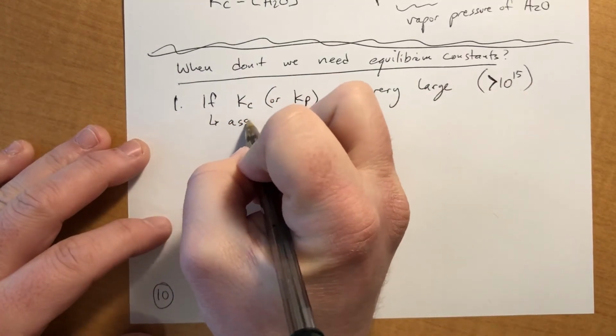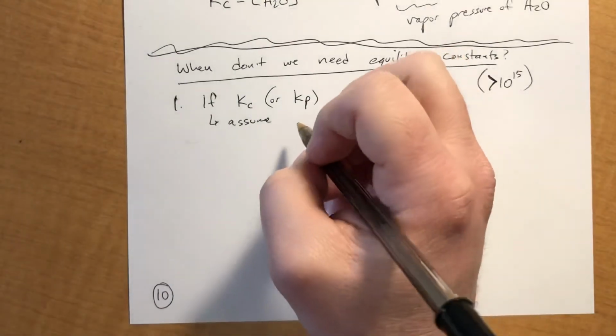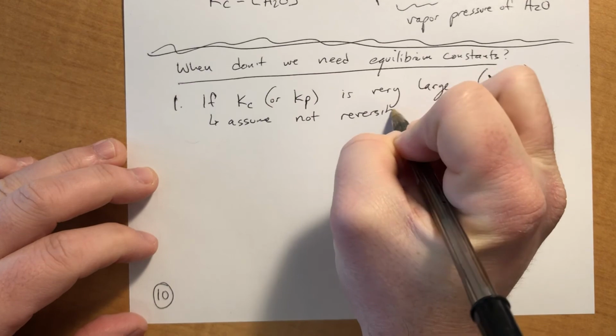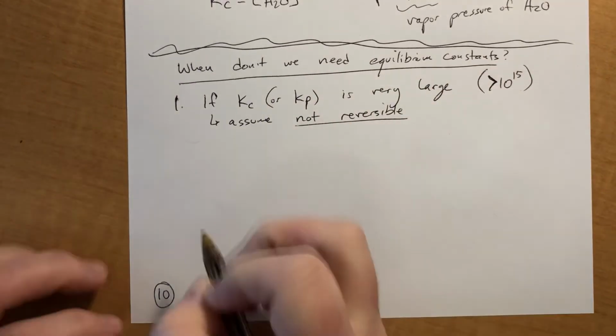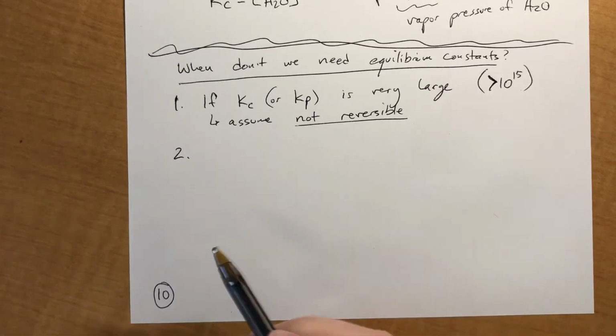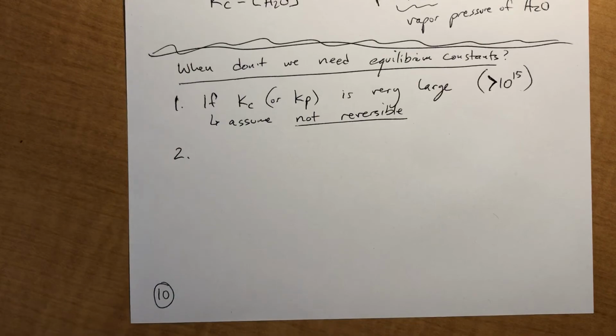We basically assume the forward reaction is the only reaction that occurs. Which makes sense. If the reaction is only going forward, we don't need to worry about whether there's a reverse reaction.